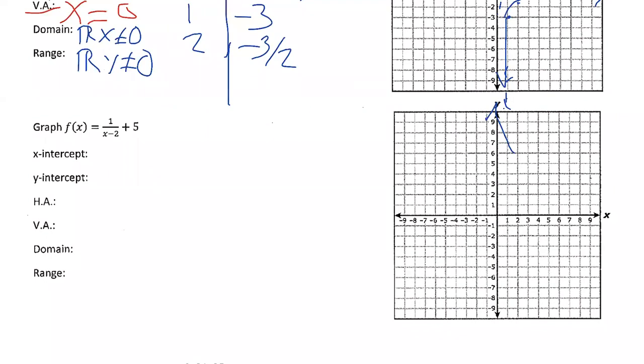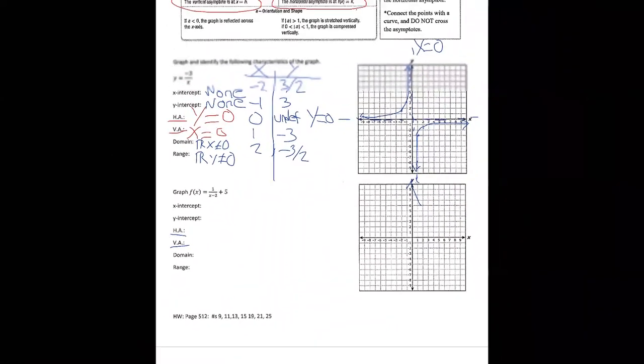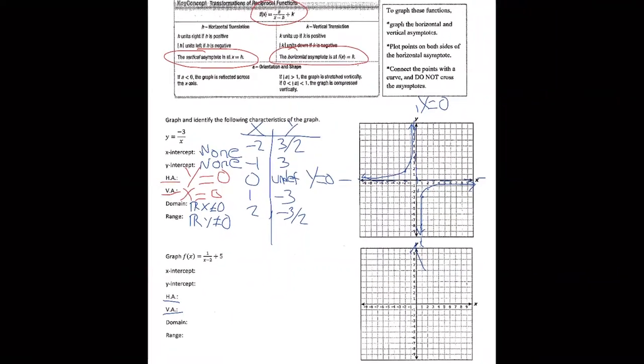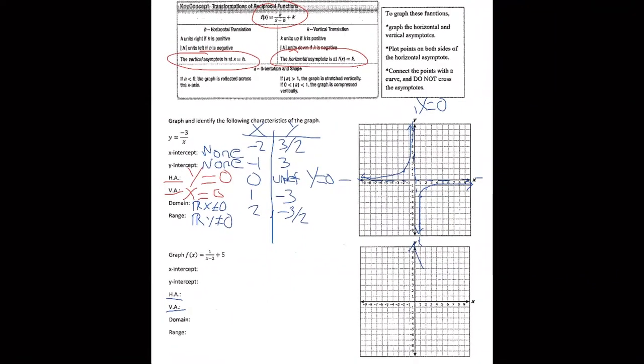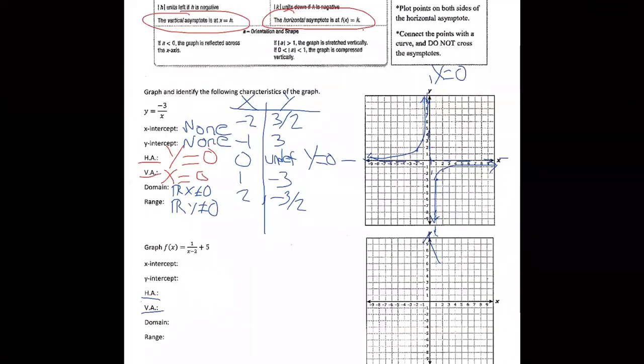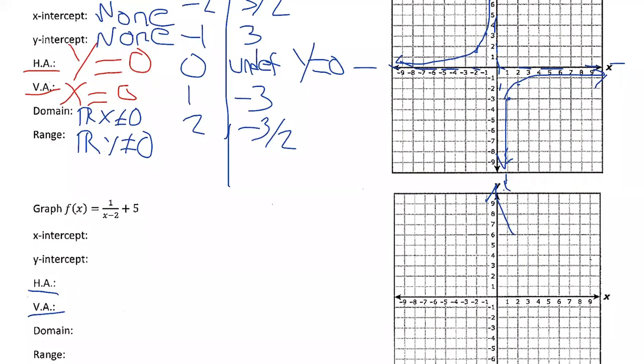I apologize. Like I said, I usually start with the horizontal asymptote and the vertical asymptote. Let's start with the vertical asymptote. The vertical asymptote is what would make the bottom of your fraction equal 0, what would make it undefined. What can't you plug into this function? Well, you can't plug in +2, right?